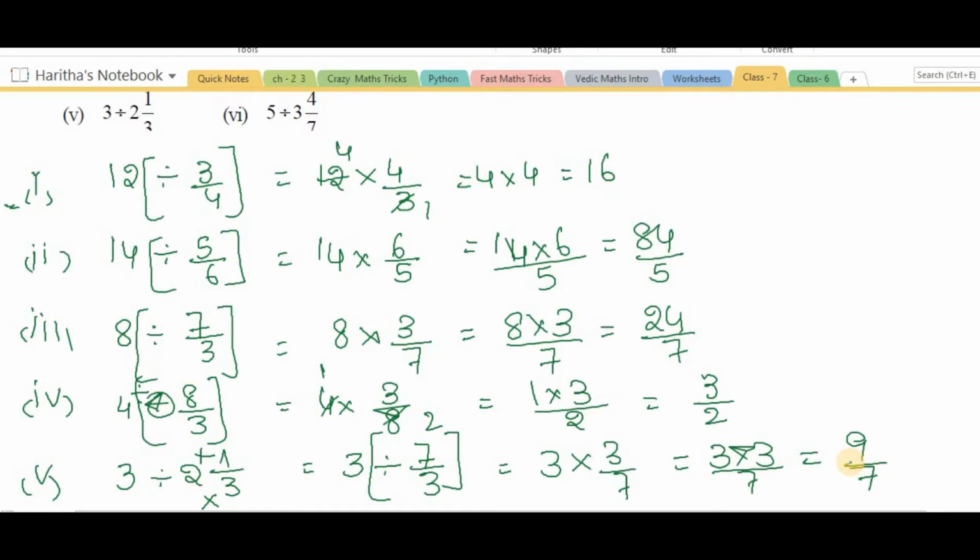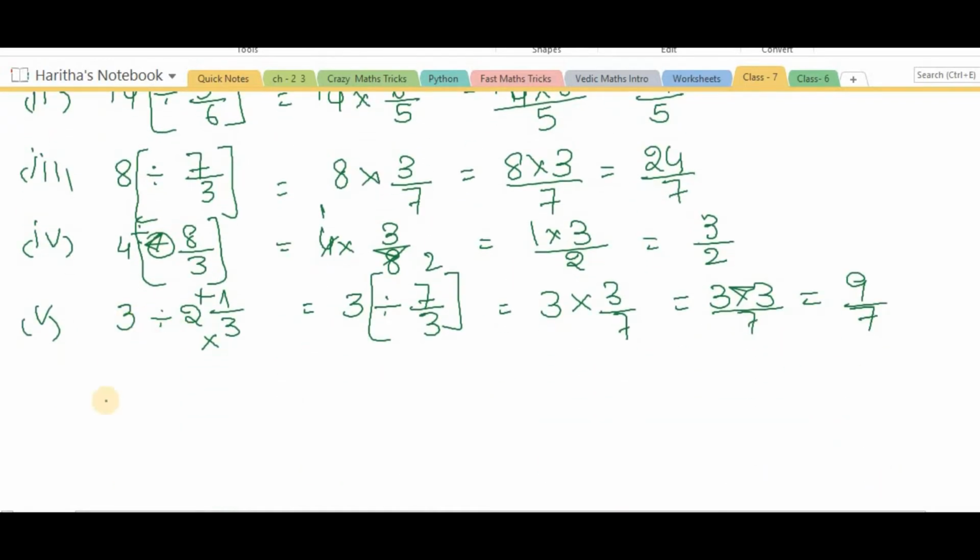And the last question is 5 divided by 3 4/7. As in the previous question, convert the mixed fraction into improper. 3 7s are 21 plus 4, 25/7.